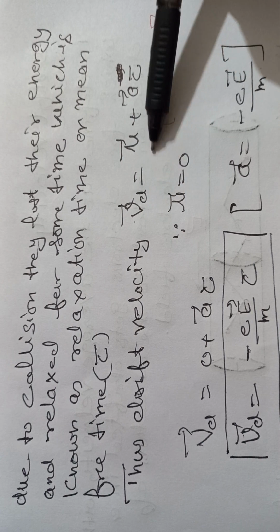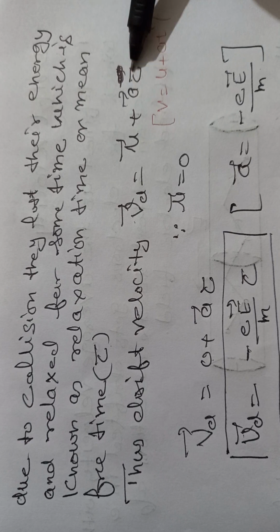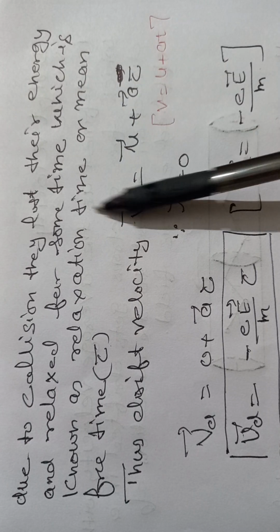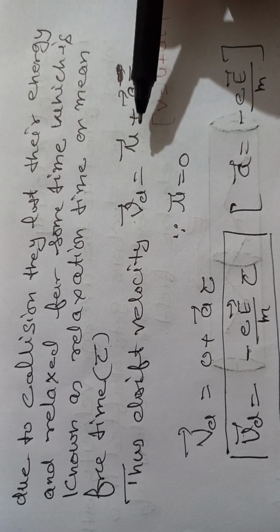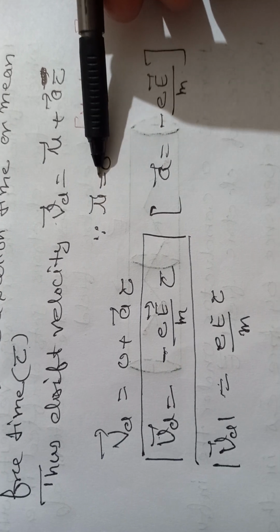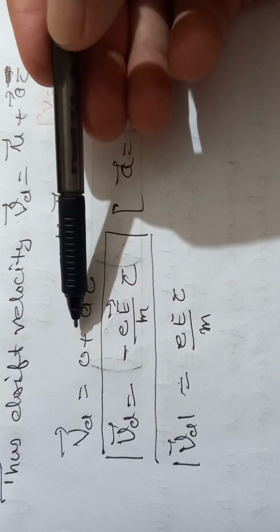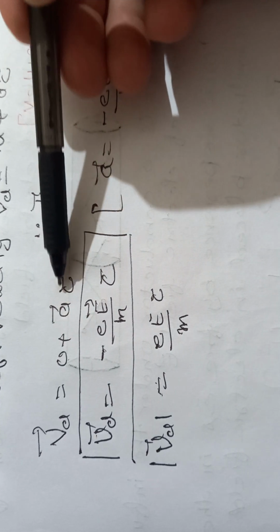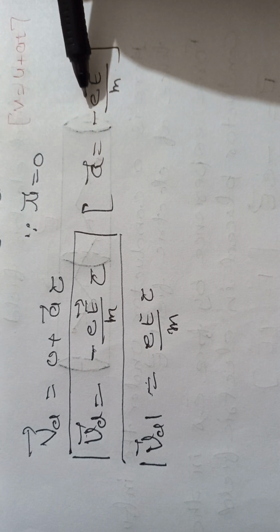So v d is equal to u plus a tau, where u is the initial velocity, a is the acceleration, and tau is the mean free time. This relation came from the kinematic relation v equal to u plus at. Now as usual u equal to 0, meaning initial velocity is equal to 0, so v d, that is drift velocity, will become 0 plus a into tau.